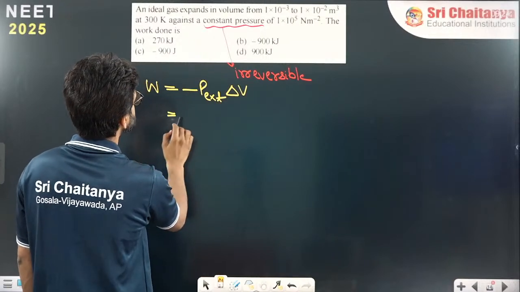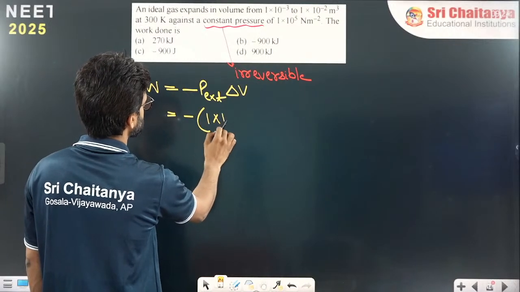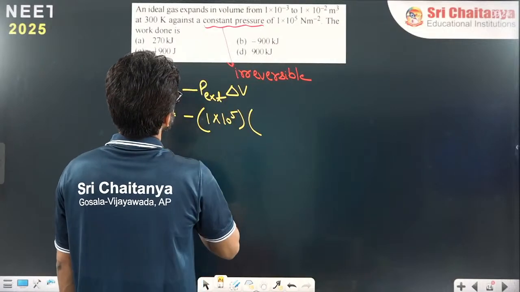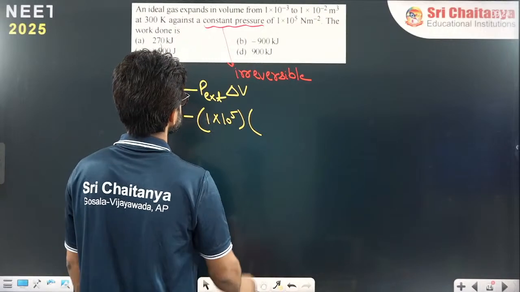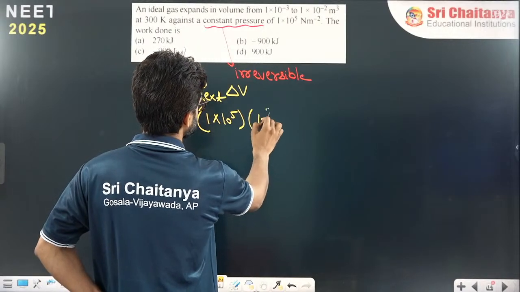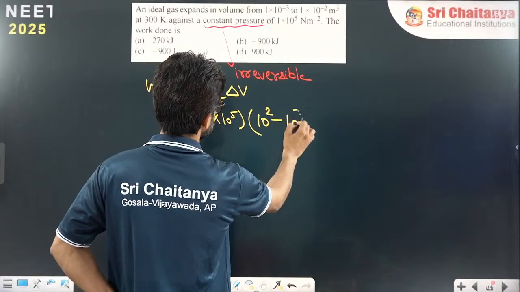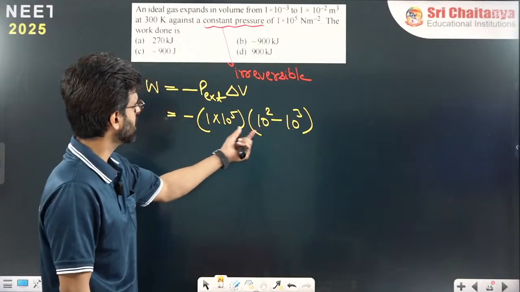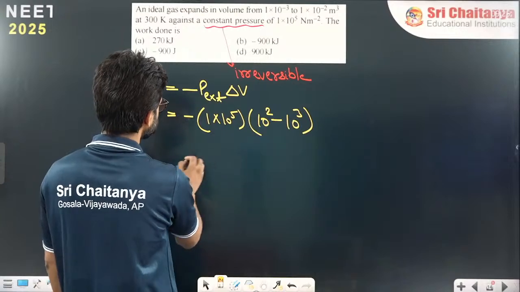So what are they saying? P external is 10 to the power 5 Pascal. SI units, good. Delta V is expansion, they are saying 10 to the power minus 2 is the final, and here 10 to the power minus 3 is the initial one. So you can get delta V from here and multiply it here. What's coming? It's meter cube directly.